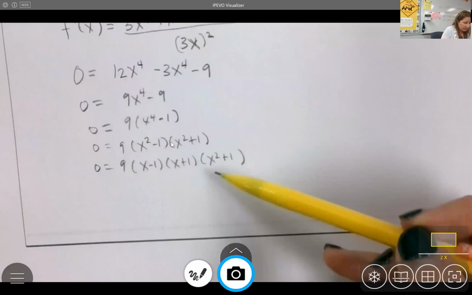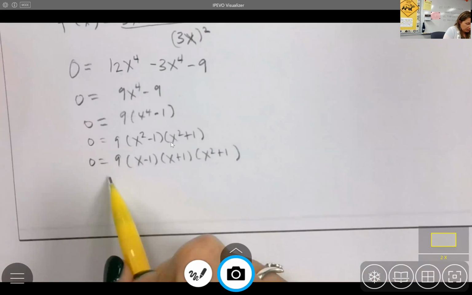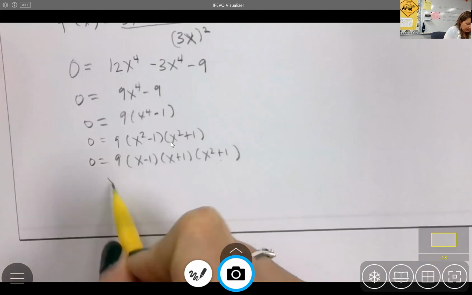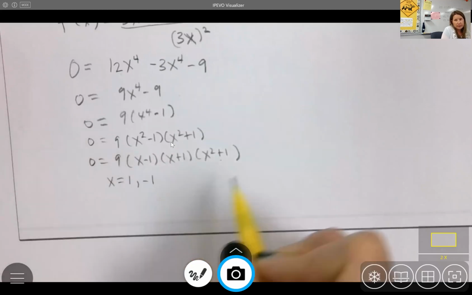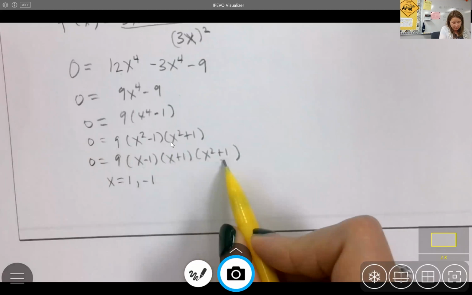So if I set this equal to 0, I'm going to get x equals 1 and negative 1, and then the square root of negative 1, which is an impossible answer, it being an i, right? So I'm only looking at negative 1 and positive 1.